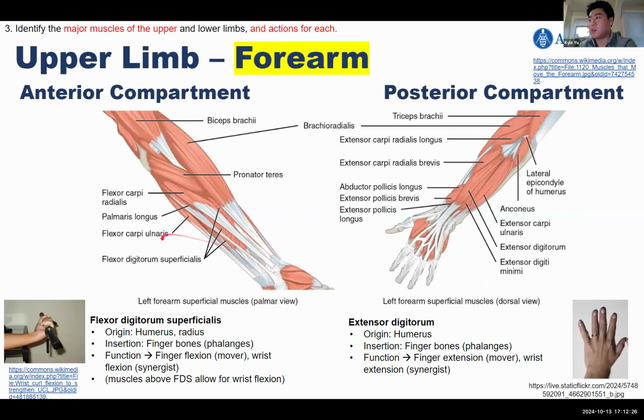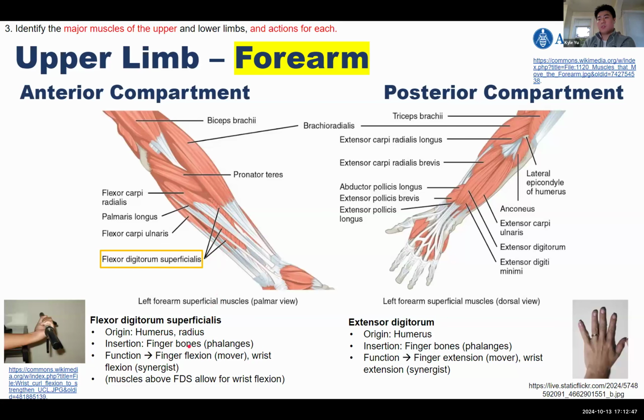All right, so there's a lot of muscles going on here, but the two I want to point out, one is this flexor digitorum superficialis, which is kind of tucked away in here. So it's kind of below the first layer of muscles in the anterior compartment of the forearm. And so this comes from the humerus and the radius, and this actually inserts all the way into the finger bone.